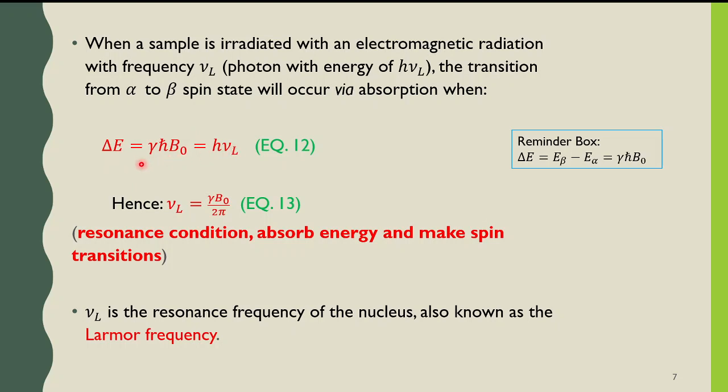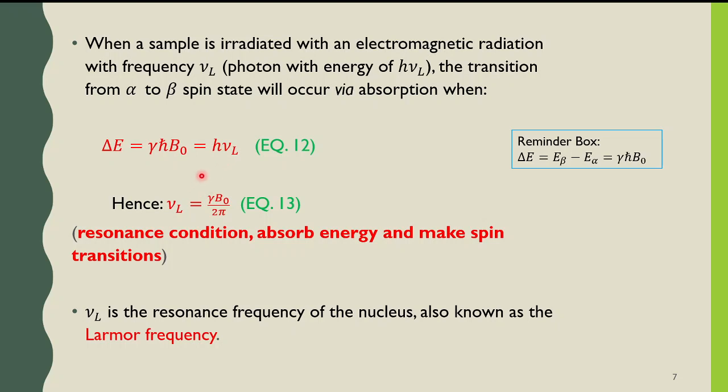The resonance that we talk about, you can actually explain it mathematically as well. So you have here the energy splitting, which equals the amount of radiation that's being supplied. Then you actually fulfill the resonance condition.